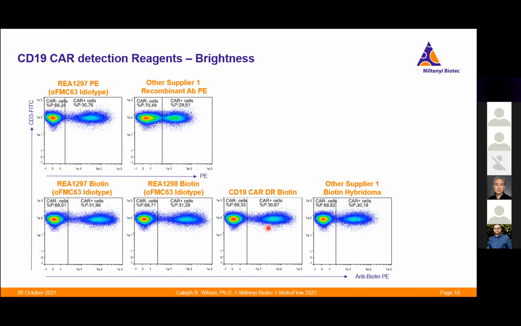And then when we look at our biotinylated molecule, the signaling is just as bright as the idiotype. And then there's another supplier, their MFI is a little bit lower. So in short, what we're clearly showing here is that whether it's the idiotype antibody or the full-length protein or the fusion protein, we see a nice, brighter, clear signaling with our technology.